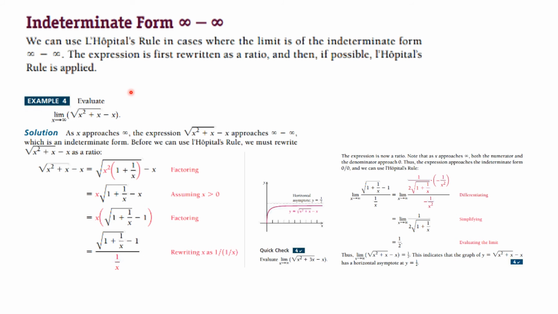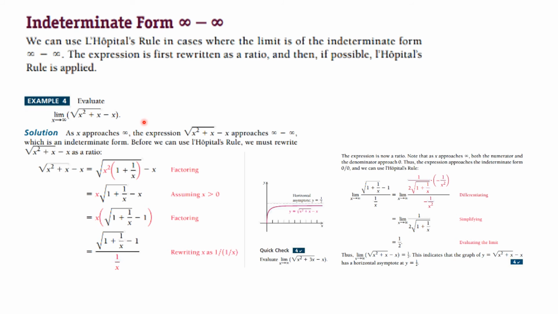As a final example, we're going to look at the indeterminate form of infinity minus infinity. We can use L'Hopital's rule in cases where the limit is of the indeterminate form infinity minus infinity. The expression is first written as a ratio using algebra, and then, if possible, L'Hopital's rule is applied.